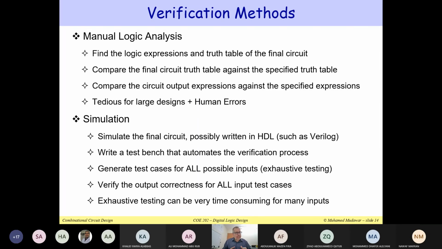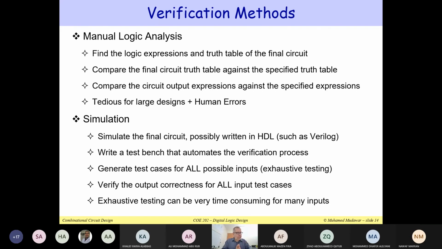Simulation is that we can describe the circuit in a hardware description language like Verilog, and then we can simulate this final circuit. We have the description in Verilog. We can write a test bench, and the test bench can automate this verification process. We can supply all the possible inputs.